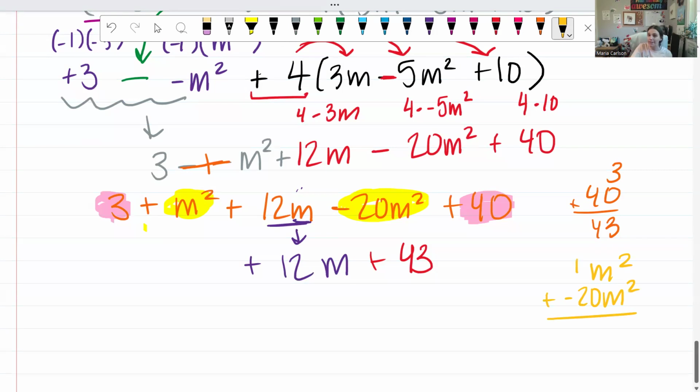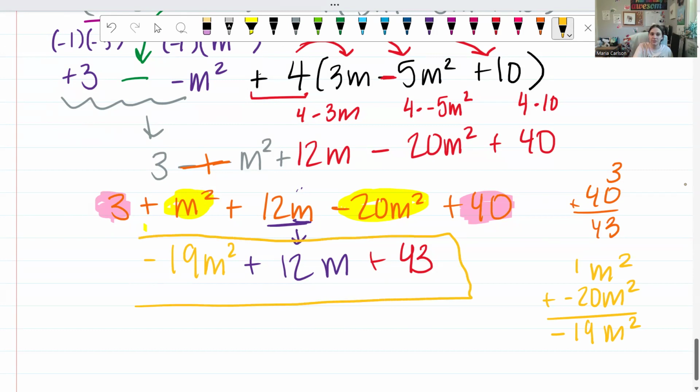Really, this is like 1 plus negative 20, which is negative 19m squared. So we have negative 19m squared plus 12m plus 43. And this is in standard form because the exponents go in order from largest to smallest. Please let me know what questions you have on this example.